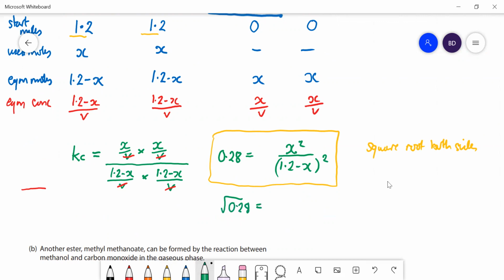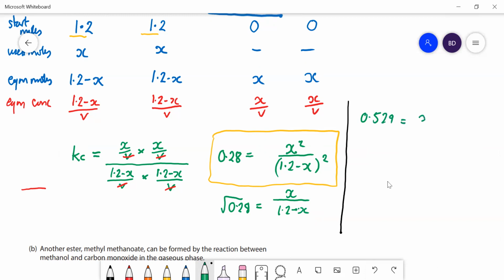Square root of X squared, of course, is X. The square root of 1.2 minus X all squared is 1.2 minus X. I'll do my working out up here. Okay, so the square root of 0.28 is 0.529. Well, that's equal to X over 1.2 minus X.